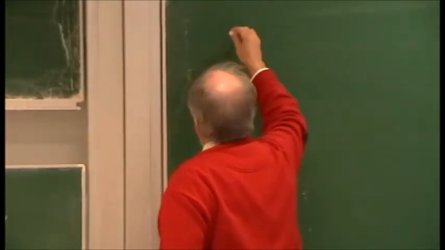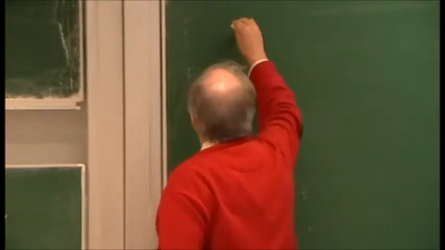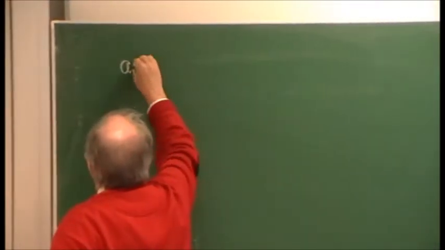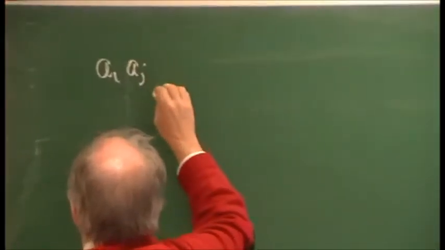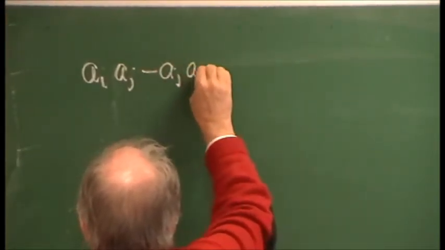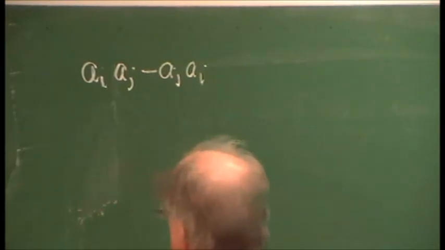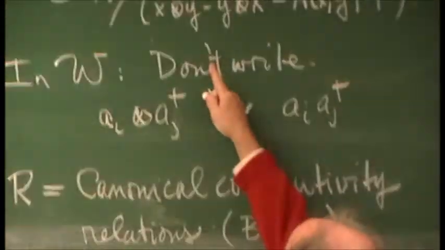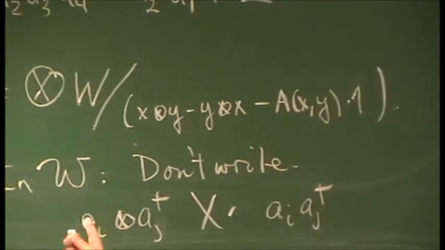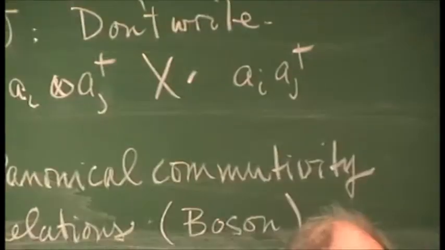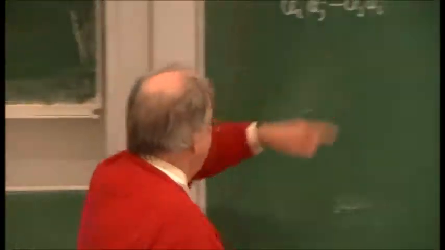Well, let's see what A_i A_j minus A_j A_i is. Just for fun, so that we know what that is in this quotient, A_i A_j minus A_j A_i is up there. That's in the ideal, so that means it's 0. No, not 0, it's equal to something times 1.